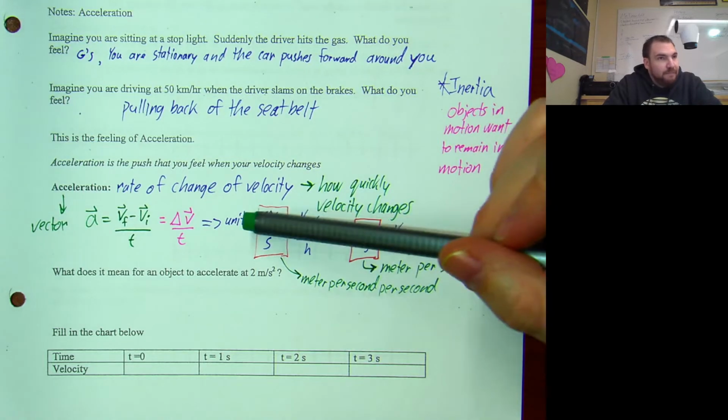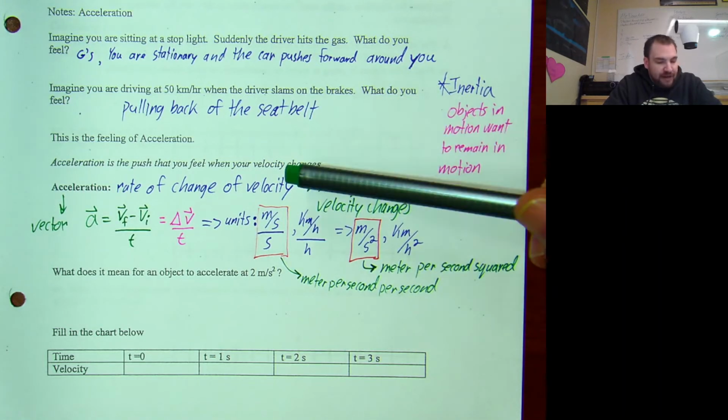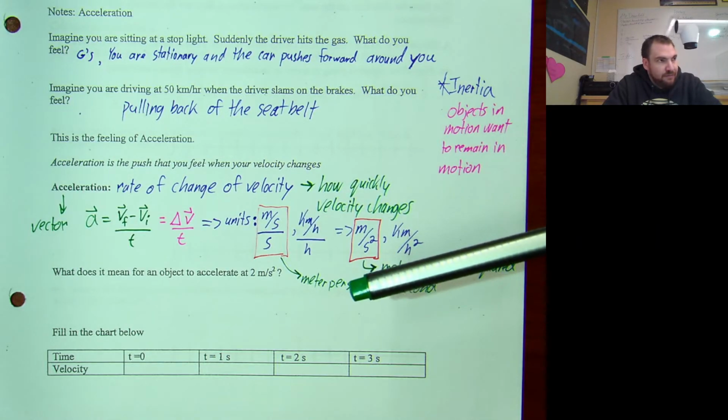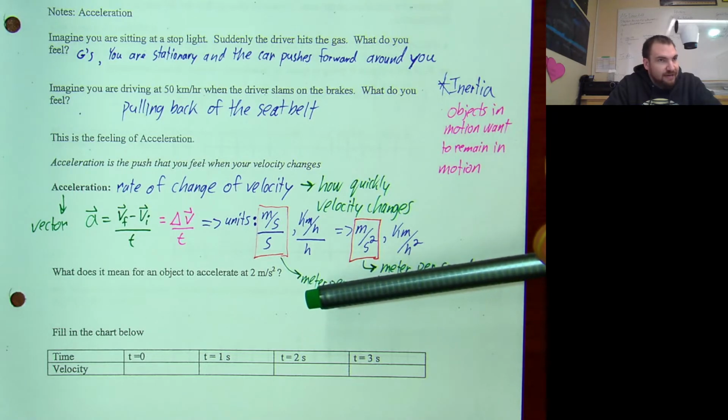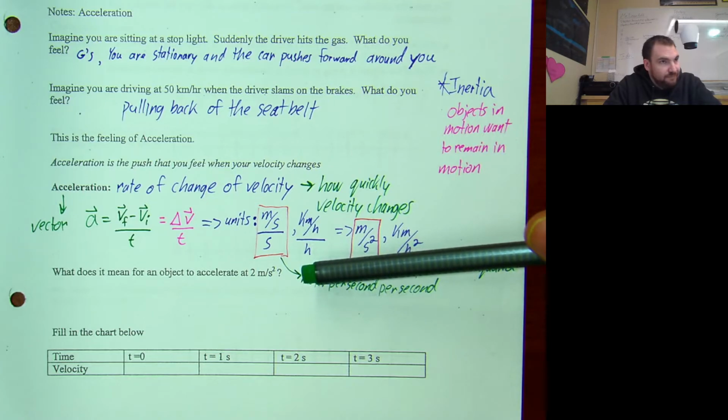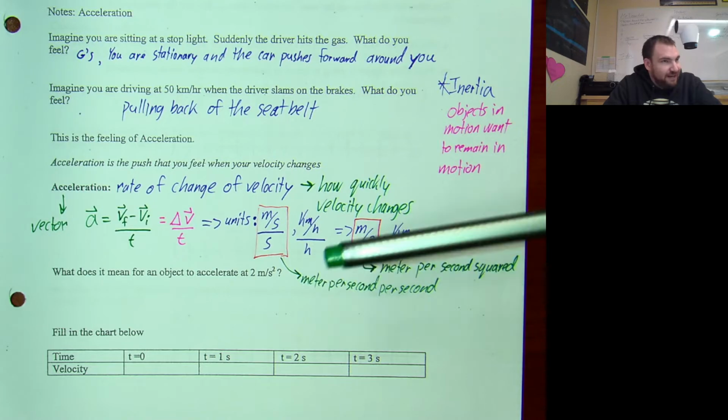So if I have a meter per second, and I'll try to emphasize it a particular way, a meter per second per second, what does that mean? You want to try again? To me it sounds like you have a meter per second and then another second, kind of.